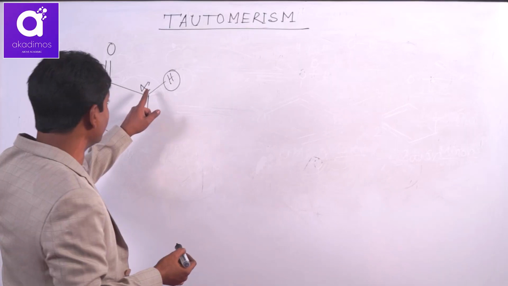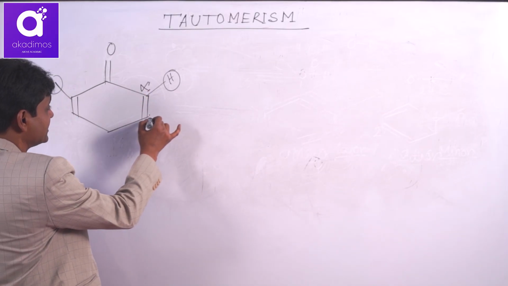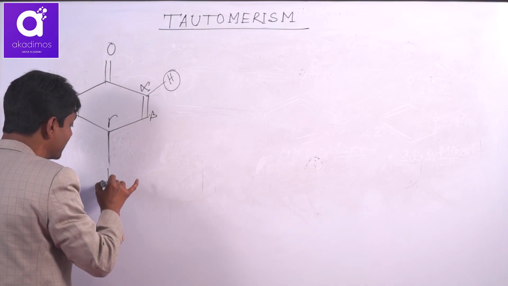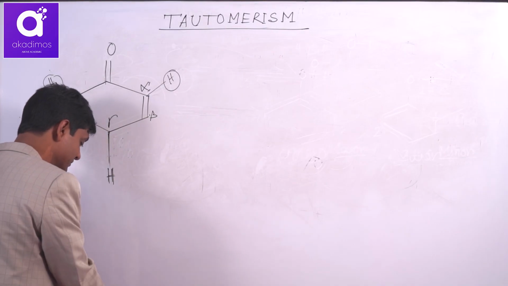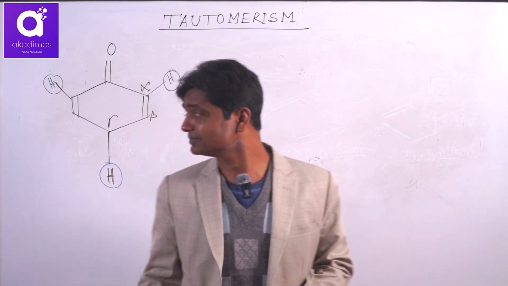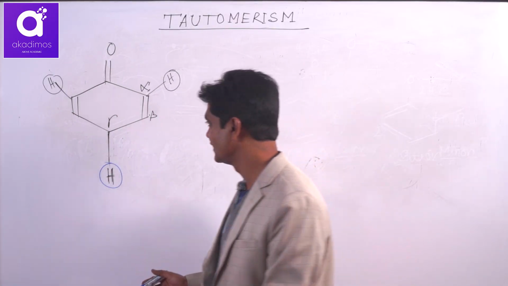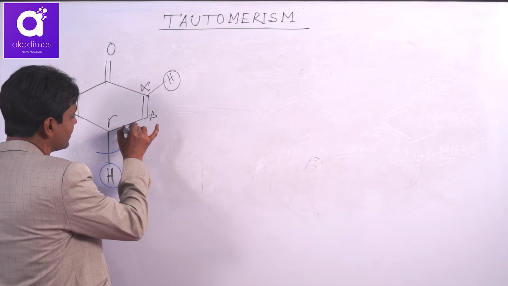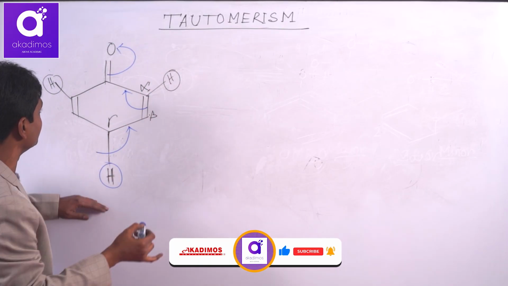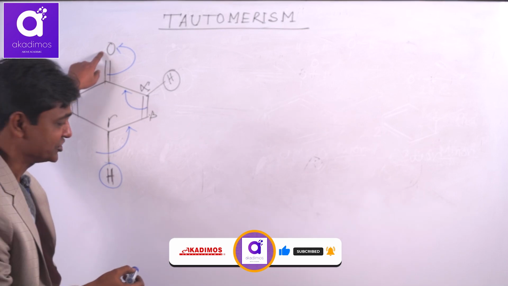You know this is alpha, and the conjugate of alpha is this, beta, gamma. Here gamma hydrogen will participate in tautomerism. Interestingly, this gamma will participate in tautomerism. How? This gamma, this is conjugate, and H will go with oxygen.